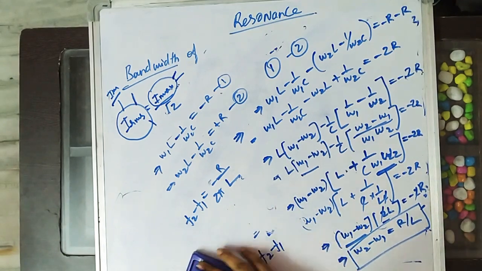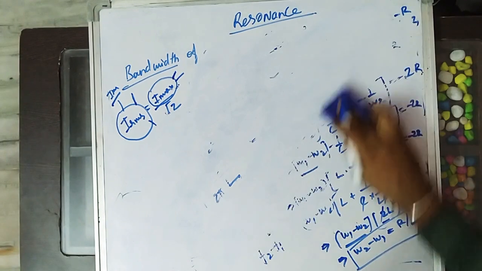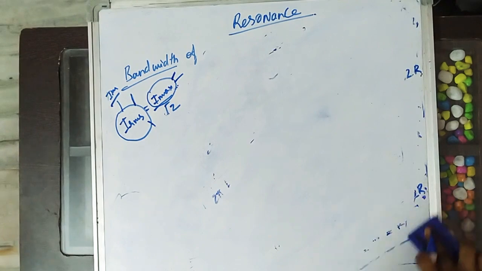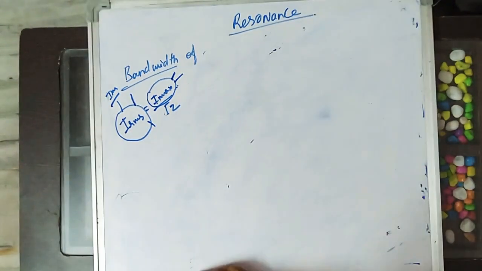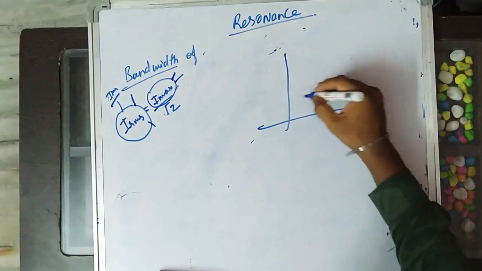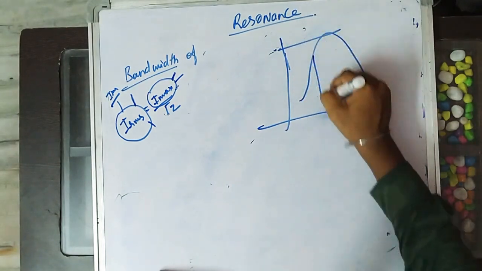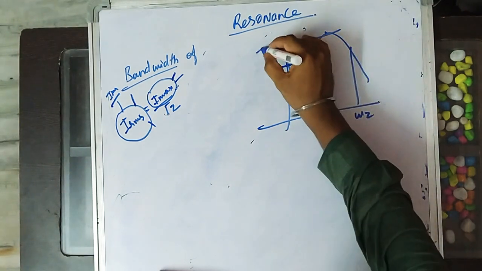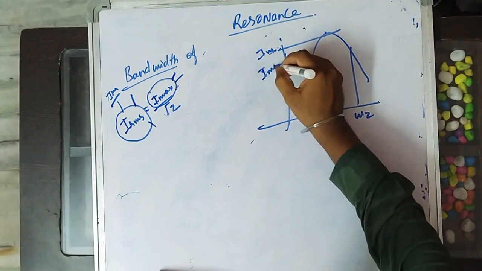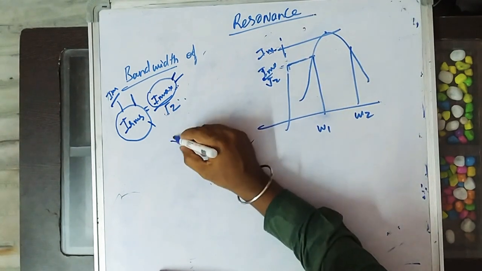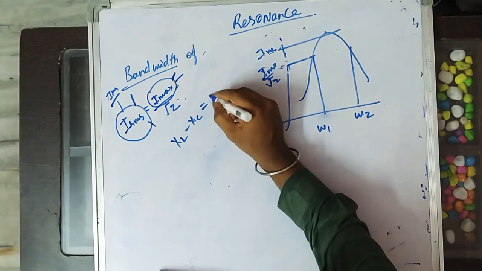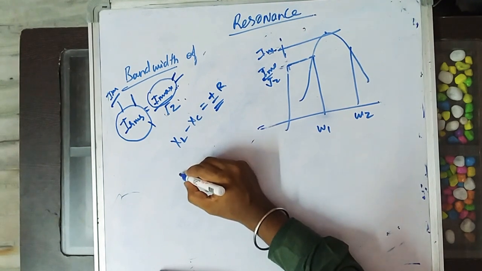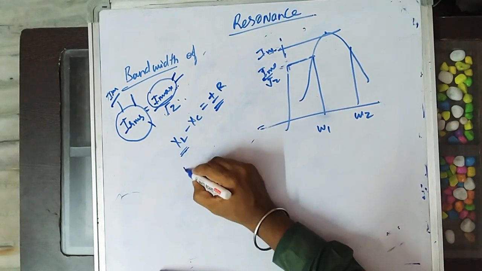Now let me summarize this finally. We choose the currents Imax and Imax by root 2. By this relation we find XL minus XC equal to plus or minus R. So from this we got two equations based on the omega values, equations 1 and 2.